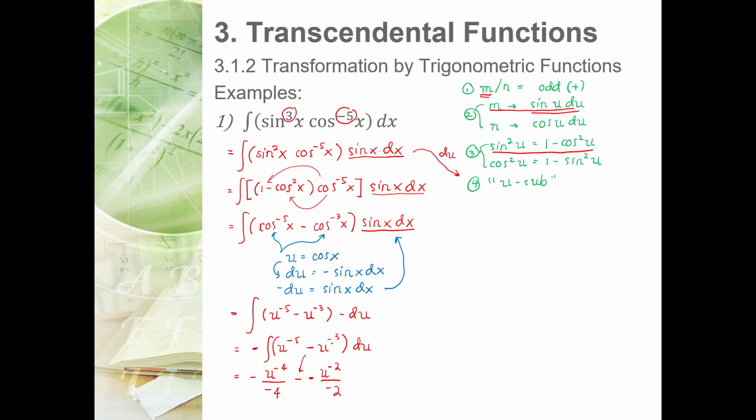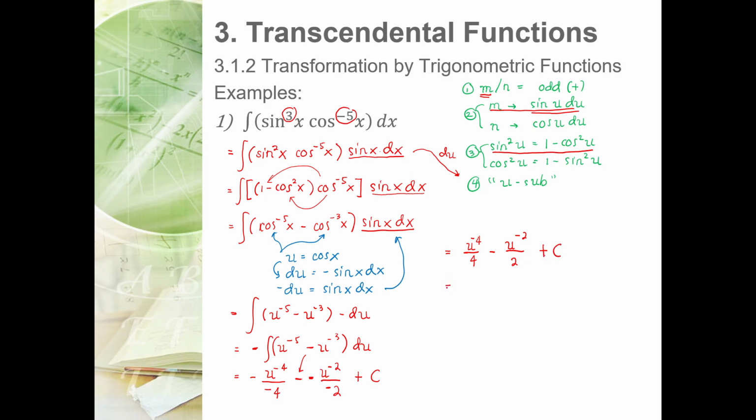So n plus 1, negative 3 plus 1 is negative 2, all over negative 2, plus c. Simplifying even further, you have u to the power 4 all over 4, then minus, so this one is negative 4 there, u to the negative 2 all over 2 plus c.